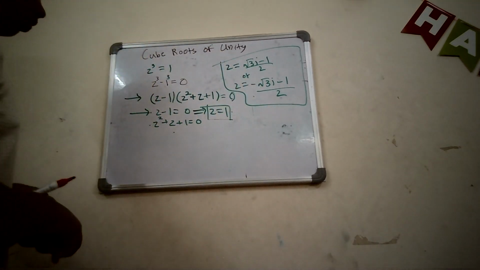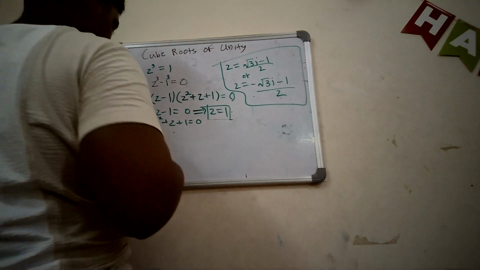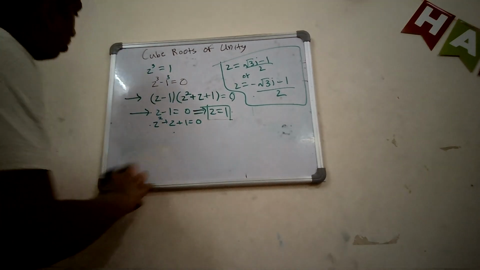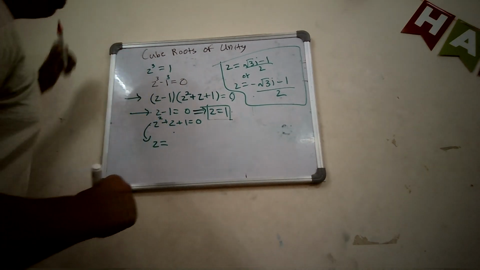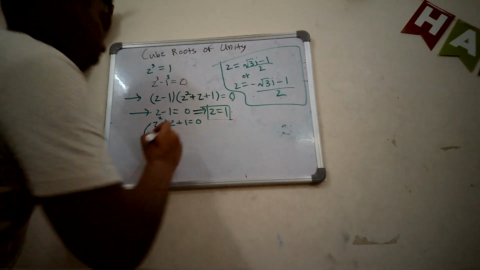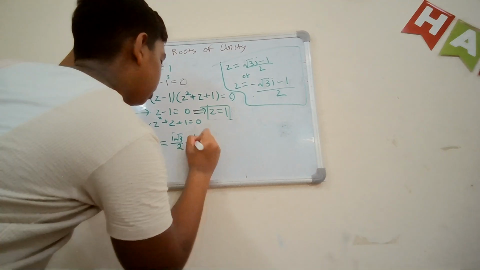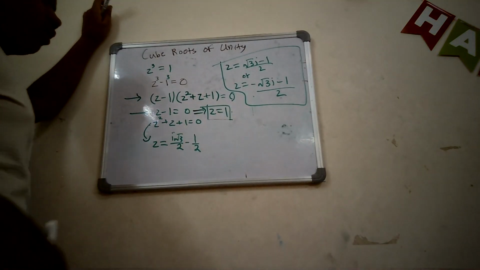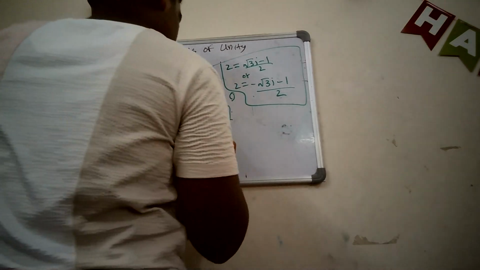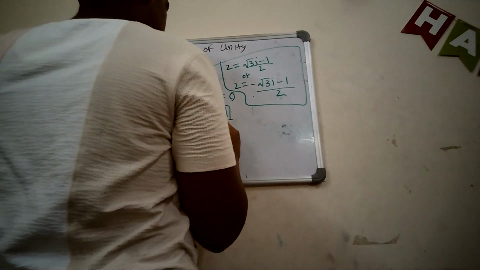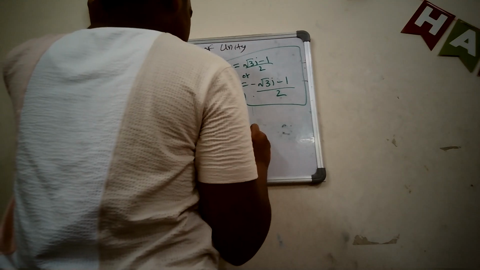So in this case, z is equal to i times root 3 upon 2 minus 1 upon 2. Or you can write this as negative i times square root of 3 upon 2 minus 1 upon 2.